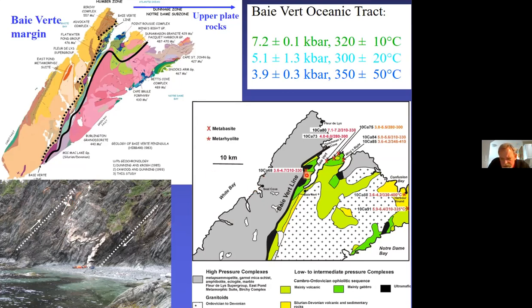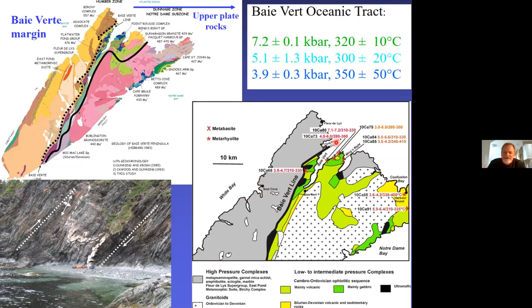And if you look at the metamorphism, I sampled these rocks away from these thrust zones, where the Salinic deformation and metamorphism was minimal. My colleague in Germany, Arne Willner, did pseudosections and thermal calculations on the assemblages.